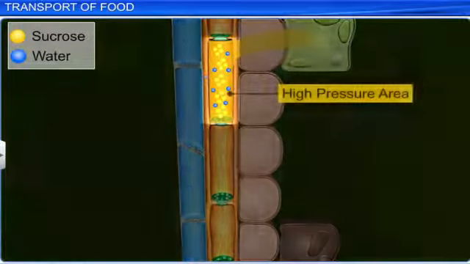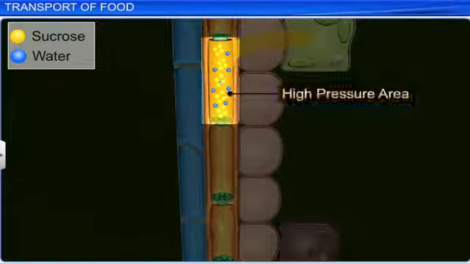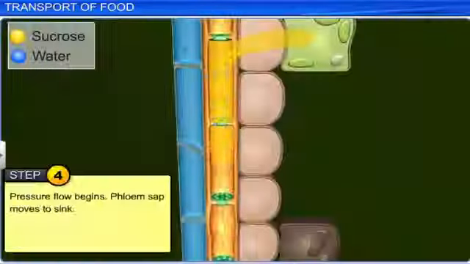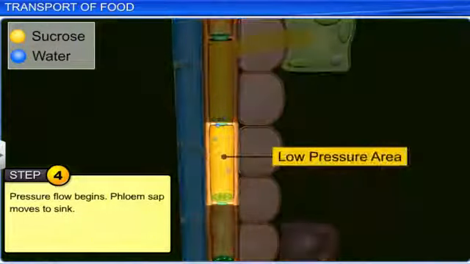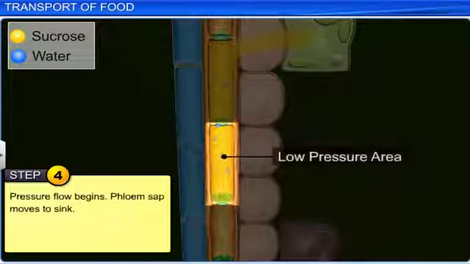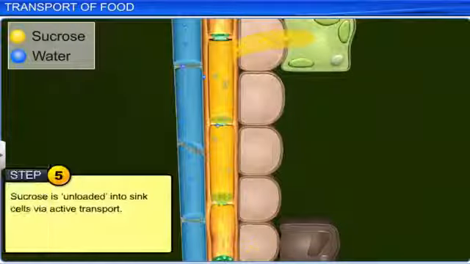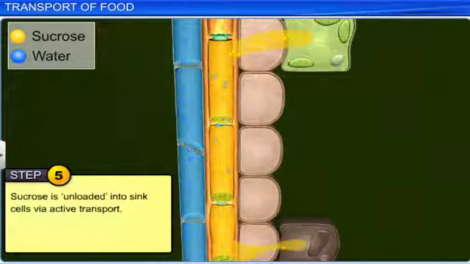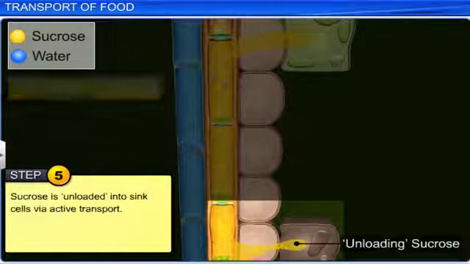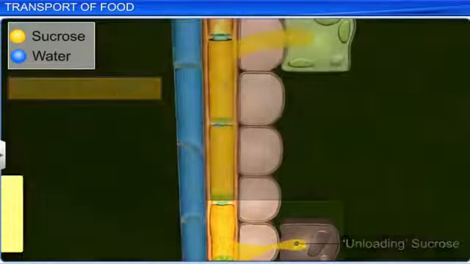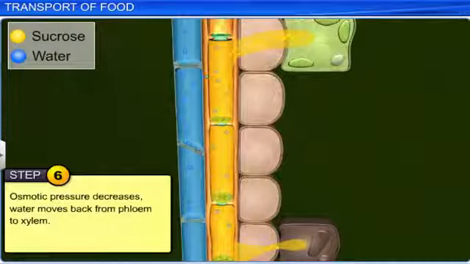As osmotic pressure increases in the sieve tube, pressure flow begins, and the phloem sap moves towards the sink, which has low osmotic pressure. This is followed by the sucrose from the phloem sap unloading into the sink cells via active transport. The loss of sucrose produces a high water potential in phloem.